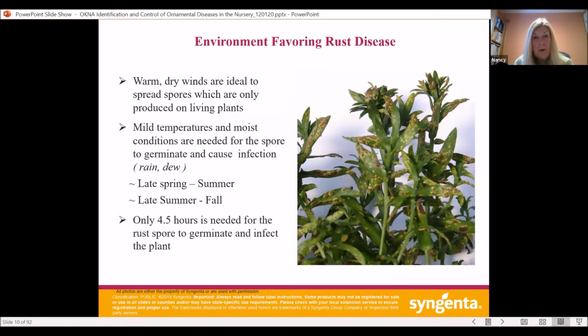It is important to note that only 4.5 hours of moisture is really needed for that rust spore to germinate and create an infection. So keep the foliage as dry as possible; anything you can do to reduce the humidity and increase air circulation can help with the rust.